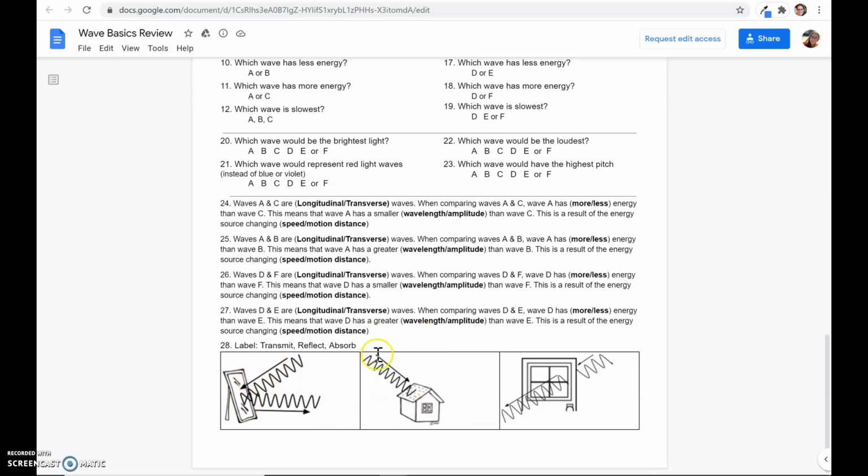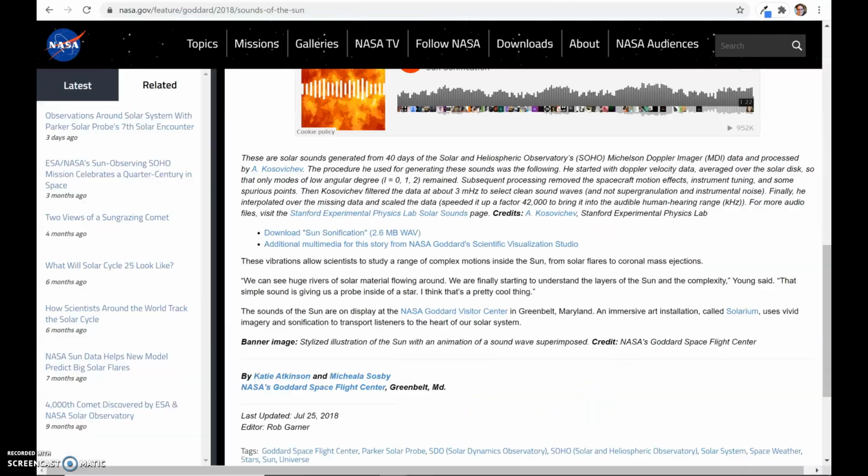The second picture is a picture of absorption. A light wave coming to hit the house and stopping. It's being absorbed by the object. Lastly, we have an example of a light wave being transmitted through this window. So light or sound going through something is called transmission. That is all you need to know.